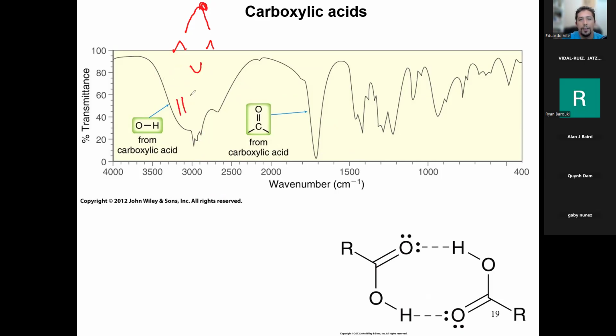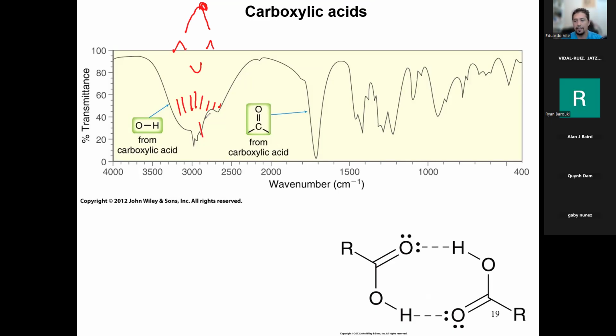And this whole thing right here is the beard, the wizard's beard. So if you see a spectrum with a very broad signal around 3,000 with the stalactites overlapping so that it looks like a wizard's beard, and then you see a carbonyl at 1700, that means you have a carboxylic acid.